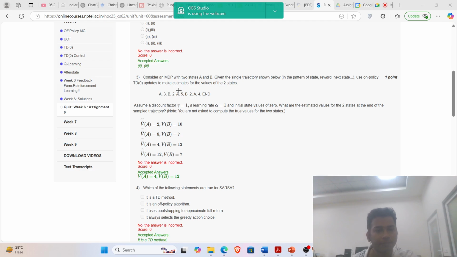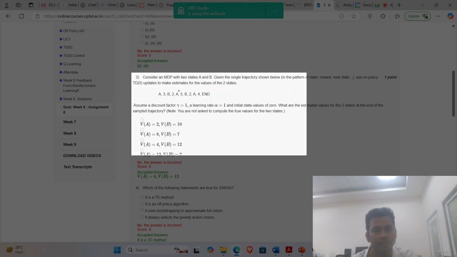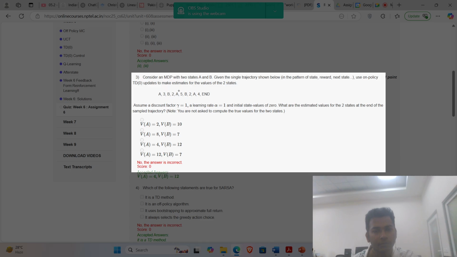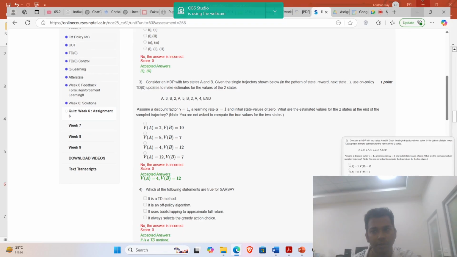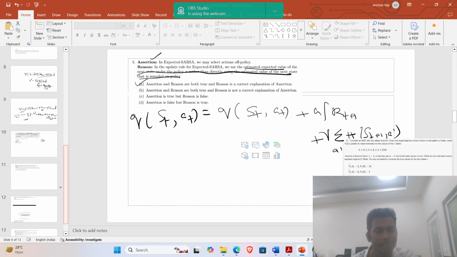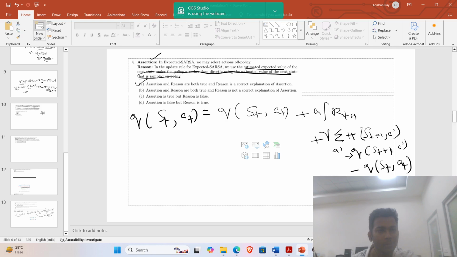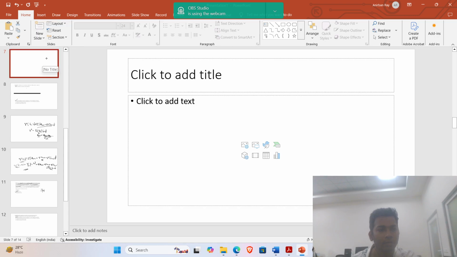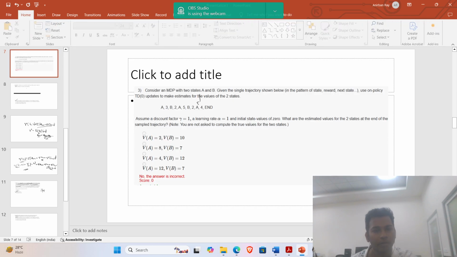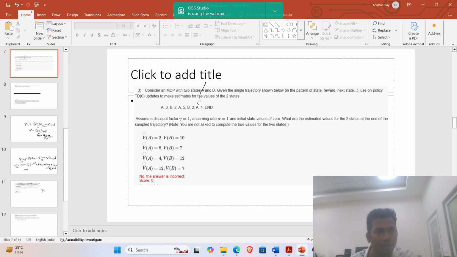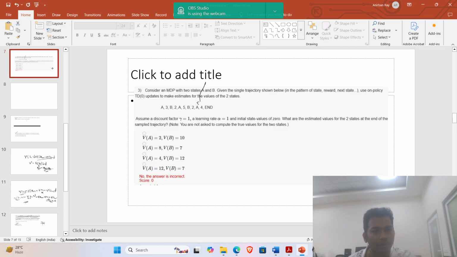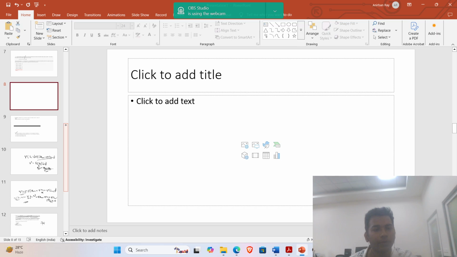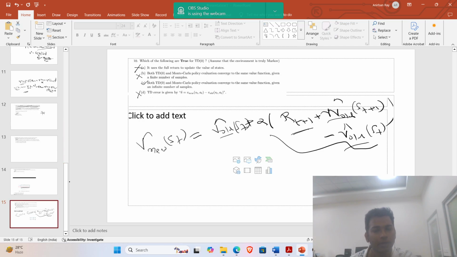So this is our question here, and we have got to solve it. Given gamma equals 1 and learning rate equals alpha, what does it become? So again we have to get to this equation. Again take a screenshot here.